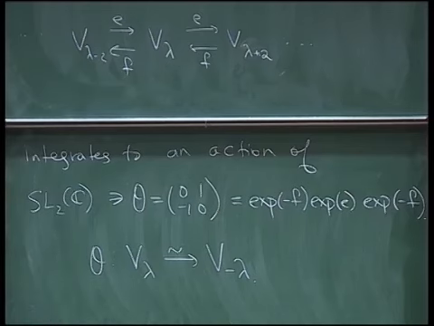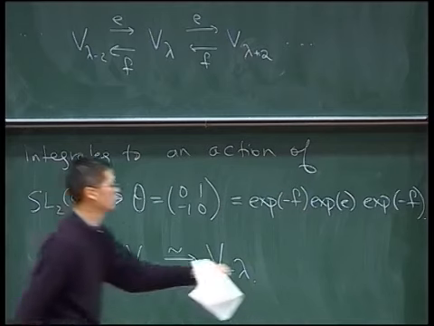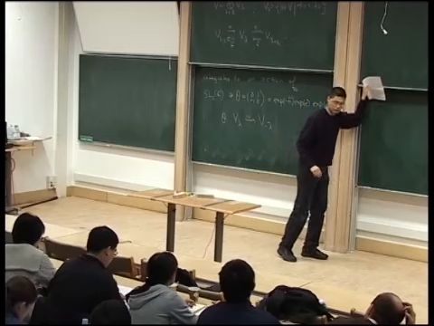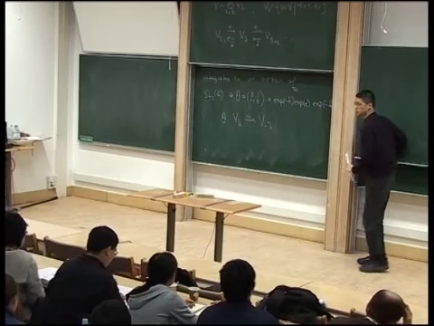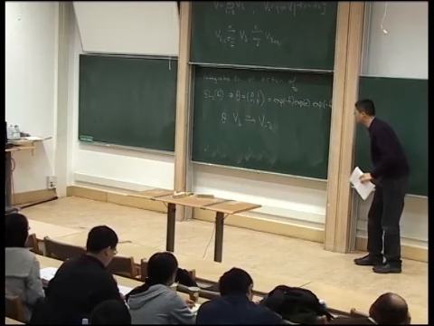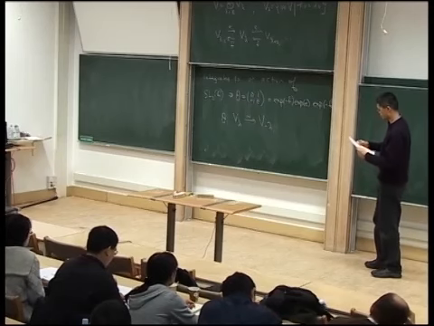Okay, now with this setup, let us try to categorify this situation. So what I mean is that we're going to replace the vector spaces by Grothendieck groups of abelian categories.